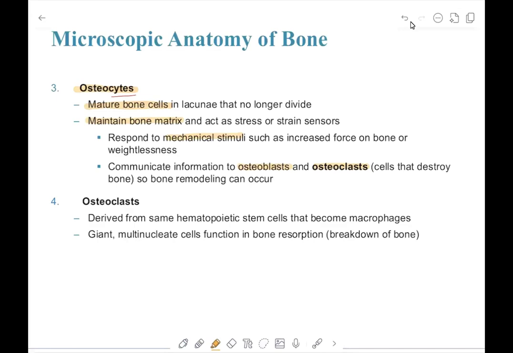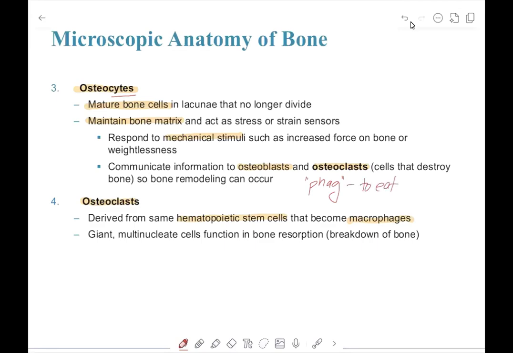So the osteoclasts, they're actually derived from a hematopoietic stem cell within the bone marrow that becomes a macrophage. And as you learned back in the cell chapter, you learned about phagocytes, and the word phage in Greek means to eat.